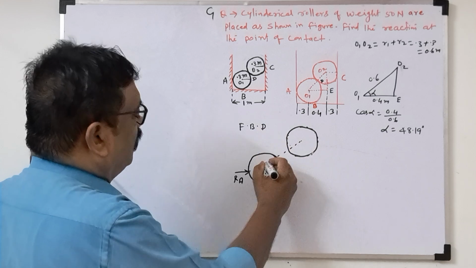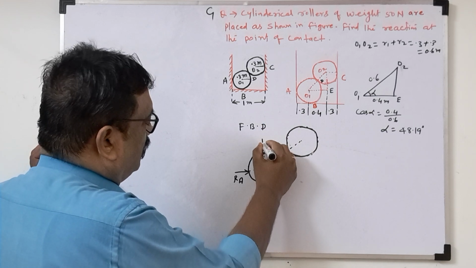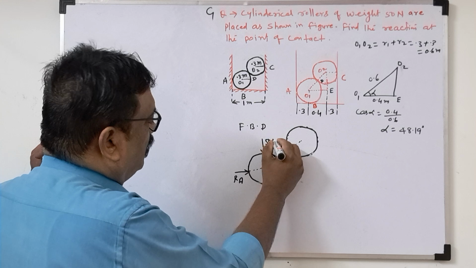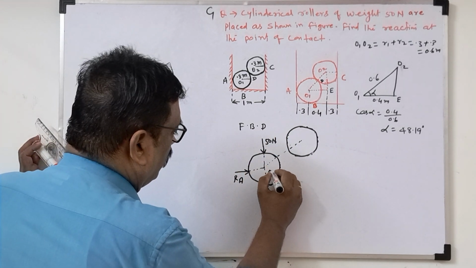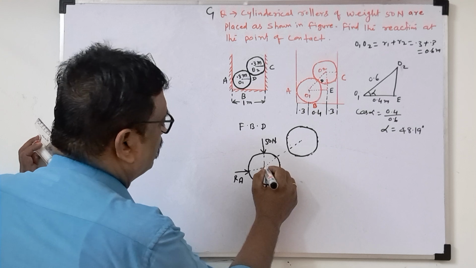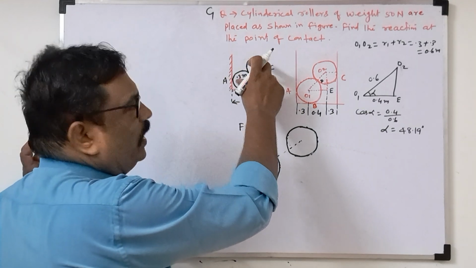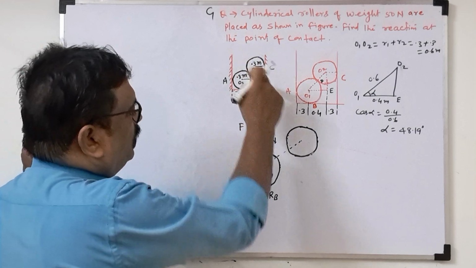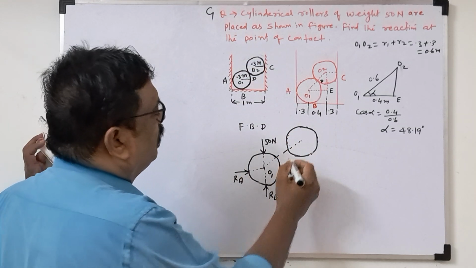The weight acts vertically downward and passes through the center. This is the 50 Newton weight acting at O1. Now once we remove the two circles, at contact point D the action and reaction will come equal and opposite.